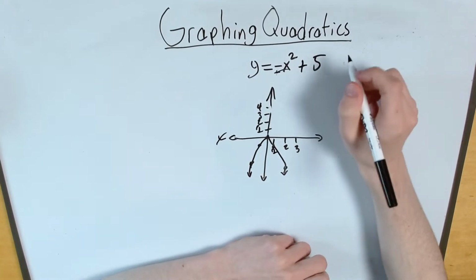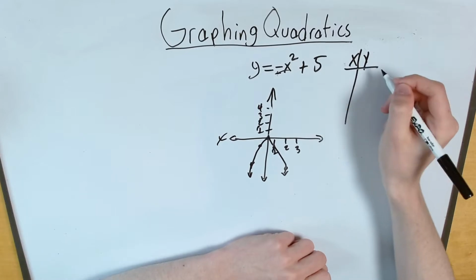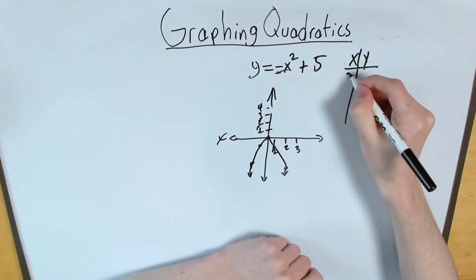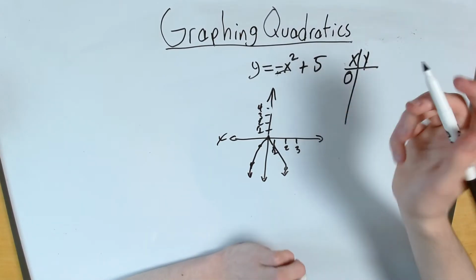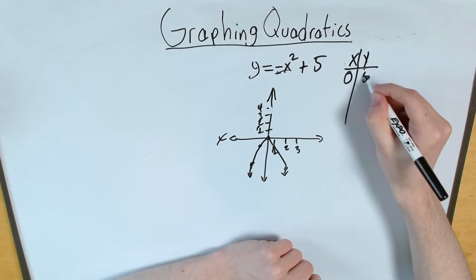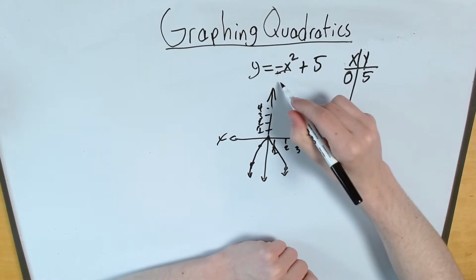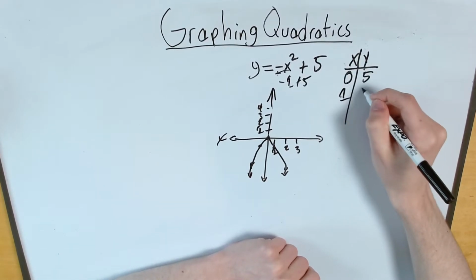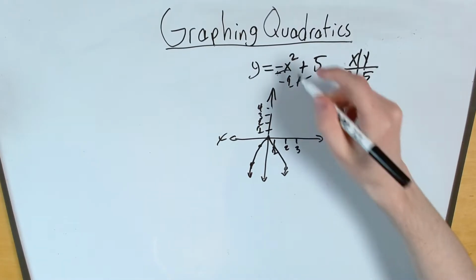Well, as always, I'm going to turn to my table of values and try to figure out points on the graph of this equation. So 0. 0 squared is 0. Negative 0 plus 5, that's 5. 1 squared, that's actually negative 1 plus 5, or 4. 2 squared is 4.